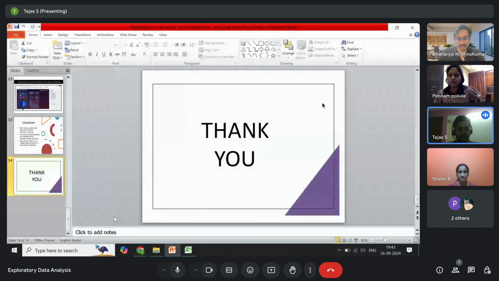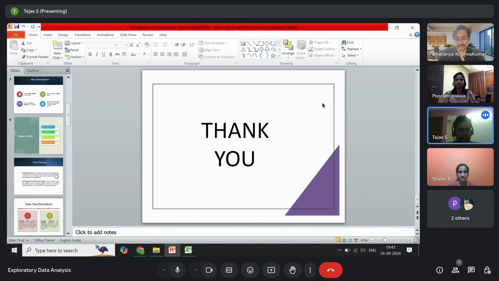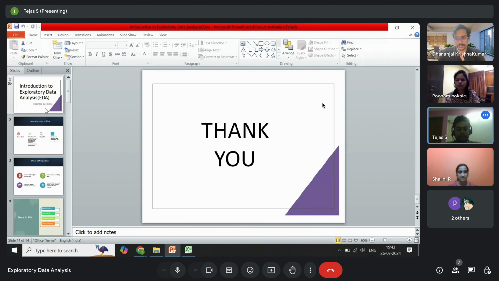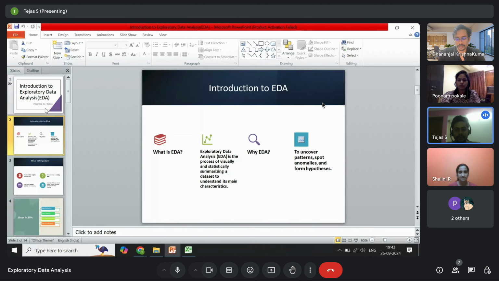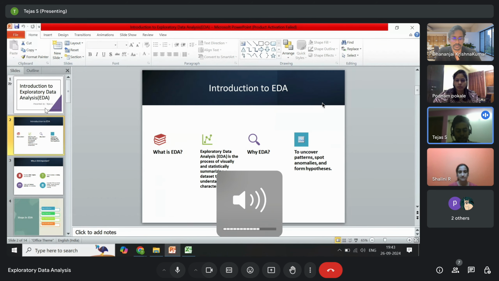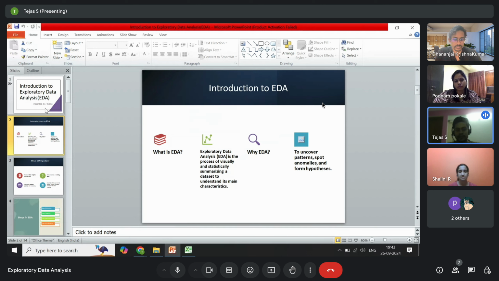So we were discussing the introduction to EDA. What is EDA? EDA is the process of visually and statistically summarizing our data set to understand its main characteristics. It is mainly done to uncover patterns, spot anomalies, and form hypotheses, and to understand your data better and make informed decisions.